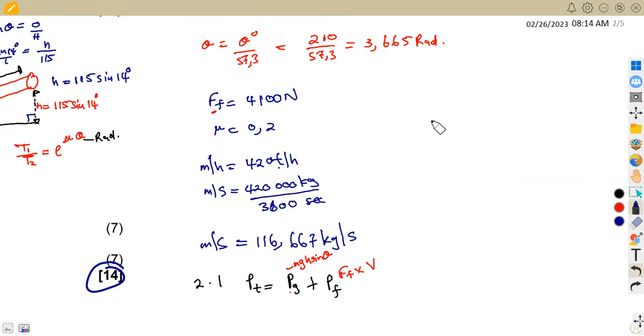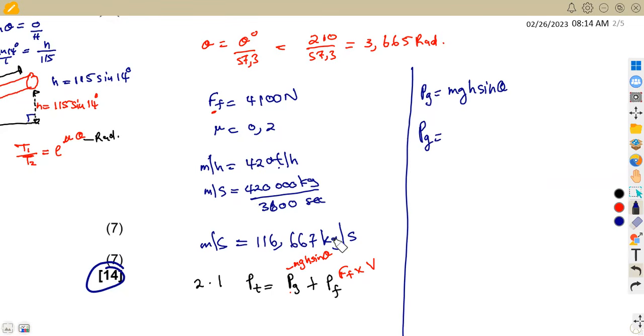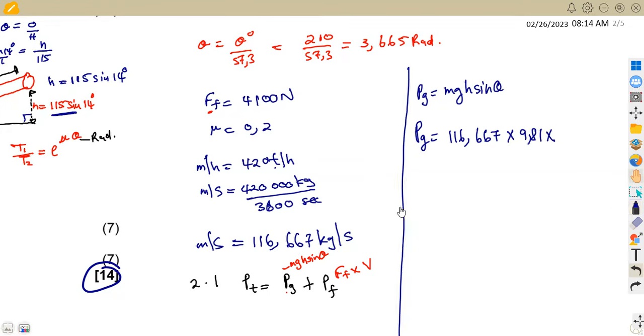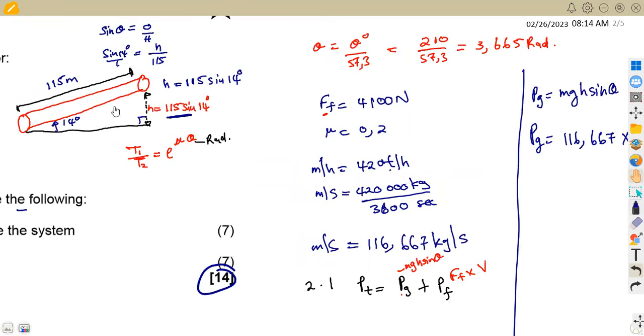So let's calculate. PG, we said, is mgh sine of theta. So PG is going to be the mass per second, 116.667 kg per second, times the gravitational acceleration, 9.81, times the height, which is 115 sine of theta from the inclined part of the conveyor belt.